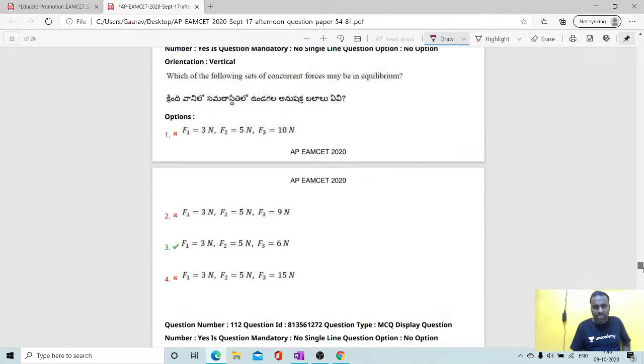Okay, students. Mostly this question is repeated many times in previous entrances. Which of the following sets of concurrent forces can be in equilibrium? Equilibrium means the resultant force should be 0.